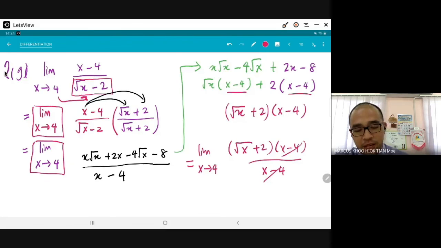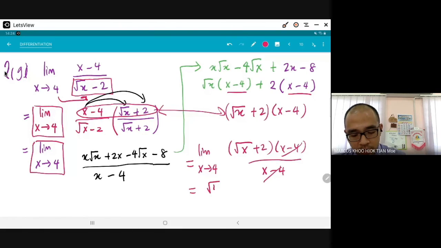So actually, okay, sorry, I apologize. Actually this one we don't need to expand, because it will cancel with the one at the bottom by itself. Right? Notice that this and this are the exact same thing. So I will get square root of 4 plus 2, which will give me 2 plus 2 is 4.